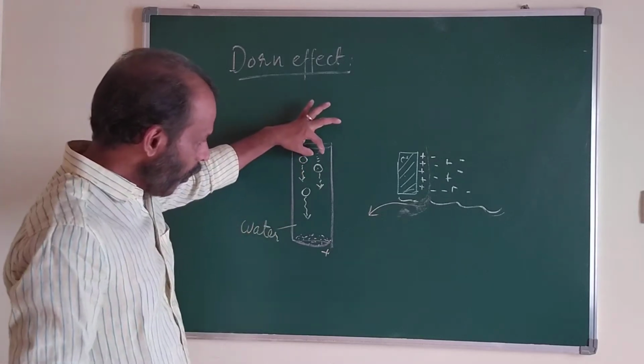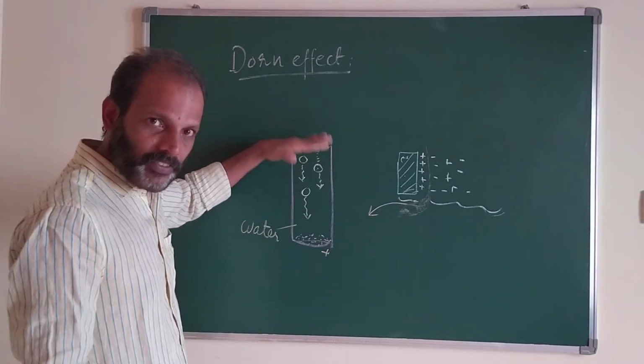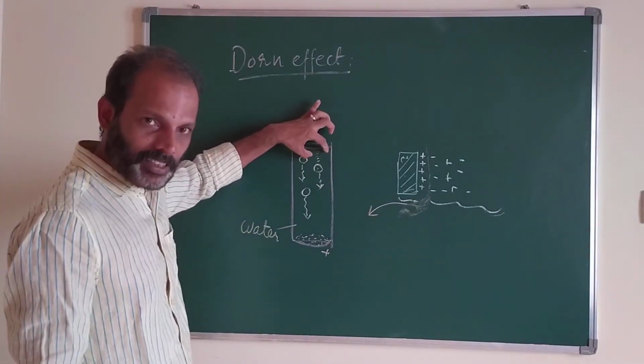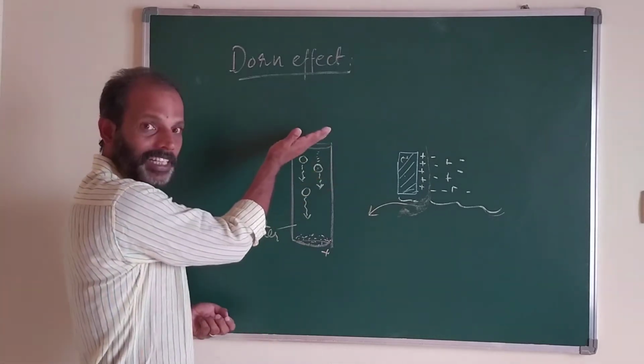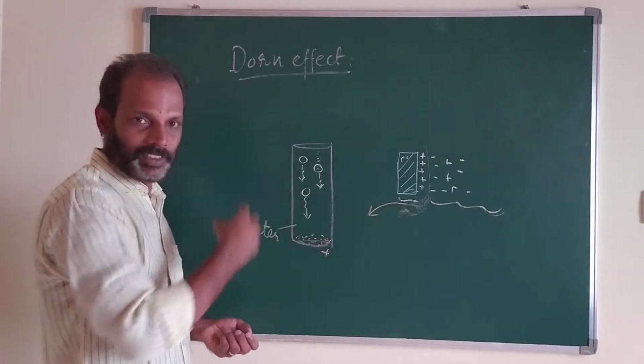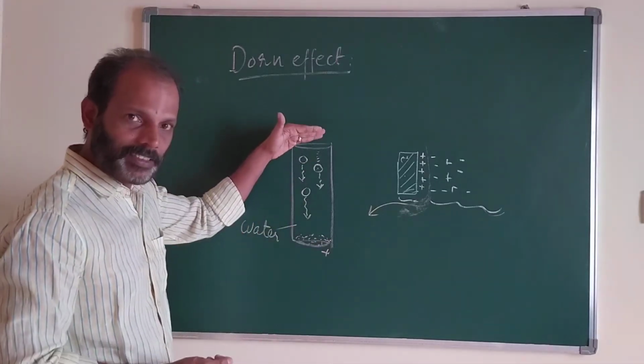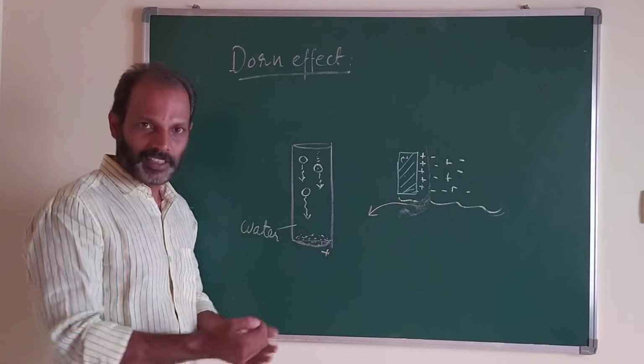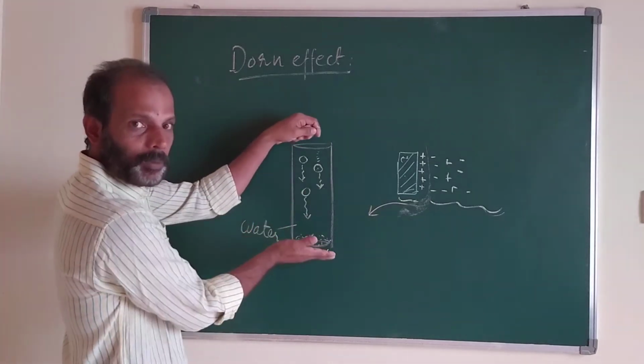Then some of the opposite ions in the diffuse layer remain in their original position. So what happened? The upper part has a negative charge and the lower sedimented particles have a positive charge. So there is a charge separation in the column.